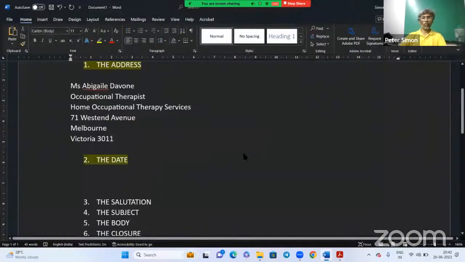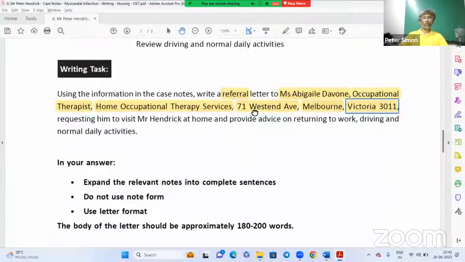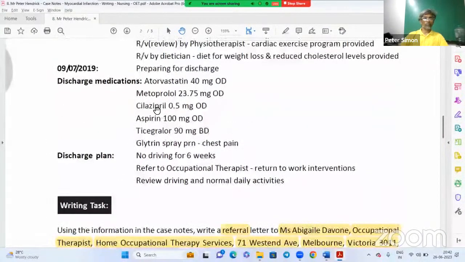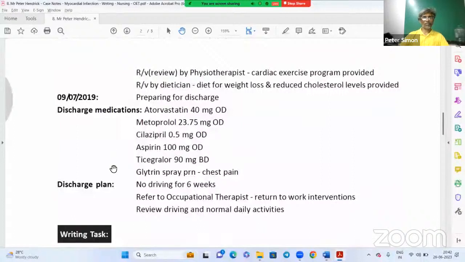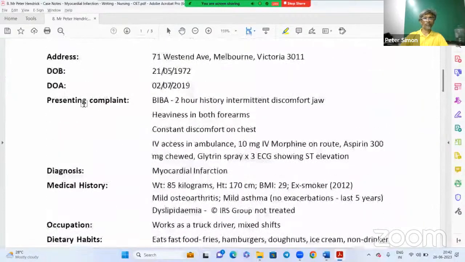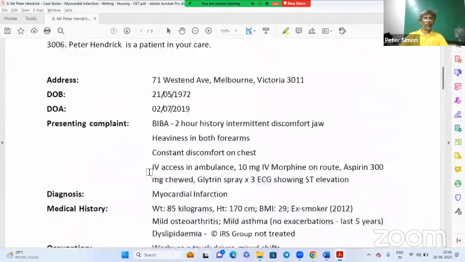So the date. So this is discharge medications, preparing for discharge. So discharge date. Date of admission, date of birth.